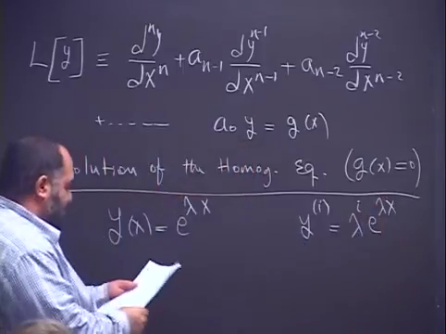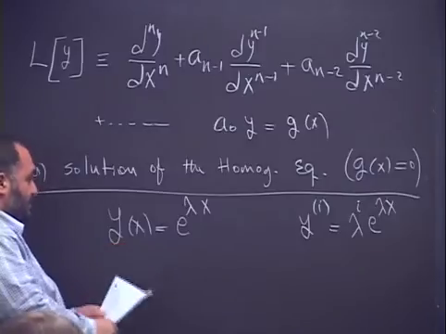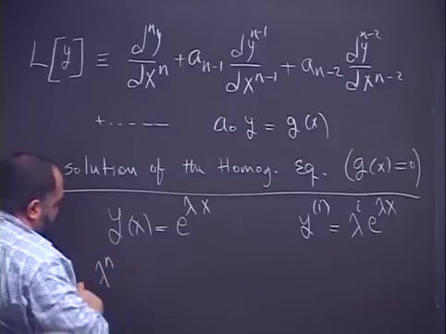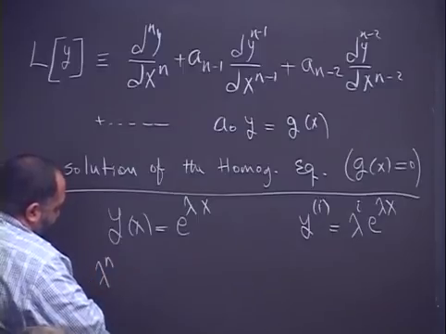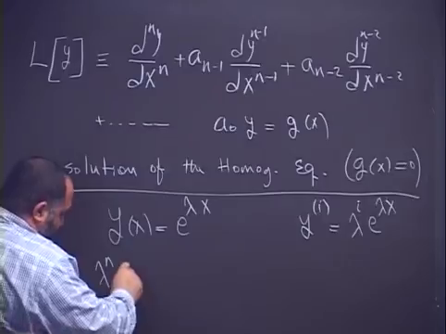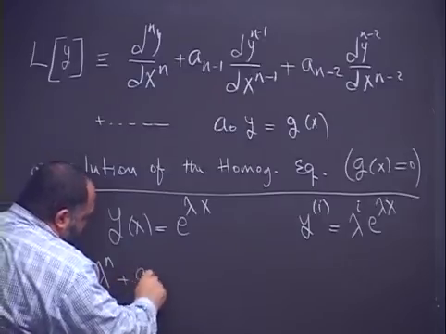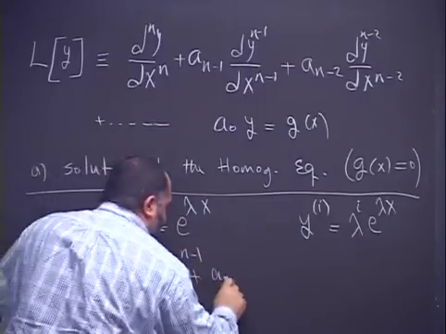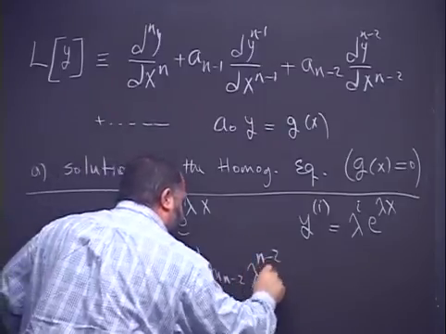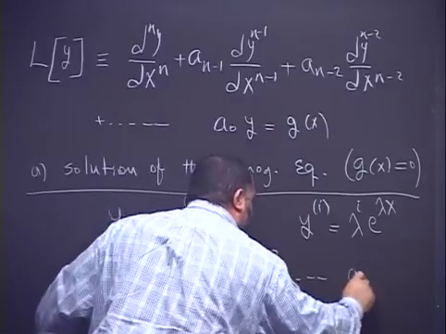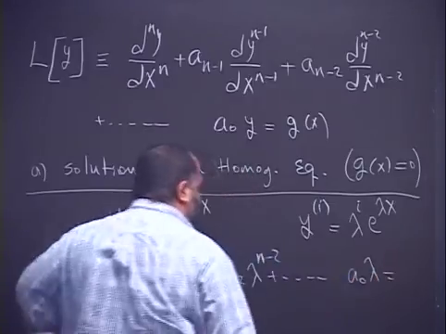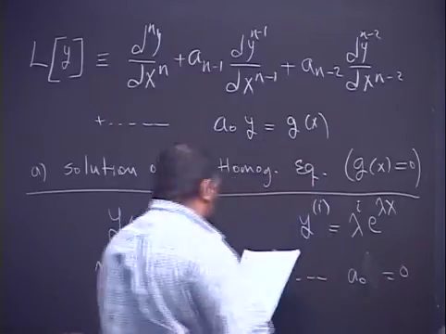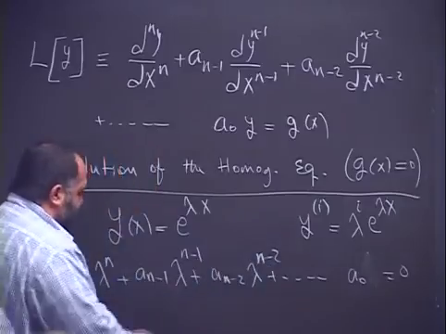If you substitute, you will have an nth order polynomial in the variable lambda: lambda^n plus a_{n-1} lambda^{n-1} plus a_{n-2} lambda^{n-2} up to a_0, without lambda, equal to 0, and we call this the characteristic equation.